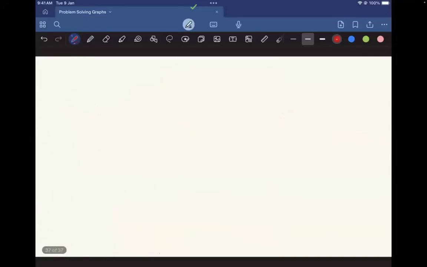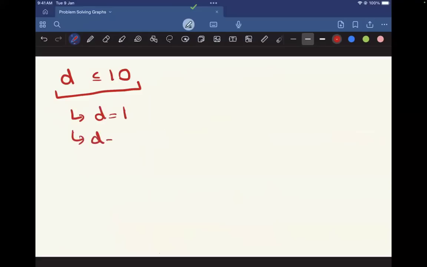Now, the first thing to notice, guys, and the most simple thing about this problem, is that d, or distance, is smaller than or equal to 10. Yes or no? Now, for each distance, d equal to 1, d equal to 2, and so on and so forth, up to d equal to 10, let's consider each chain, okay?